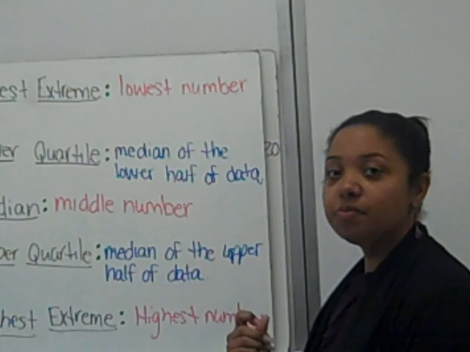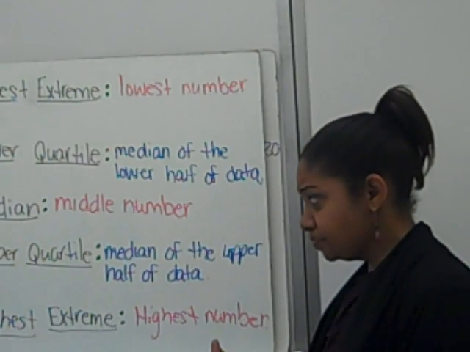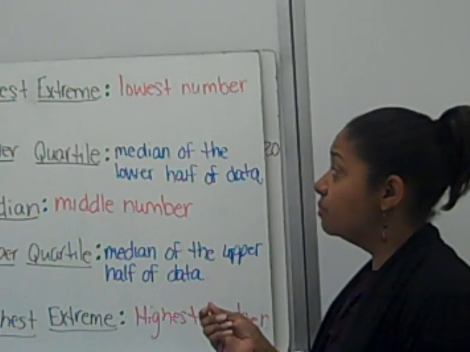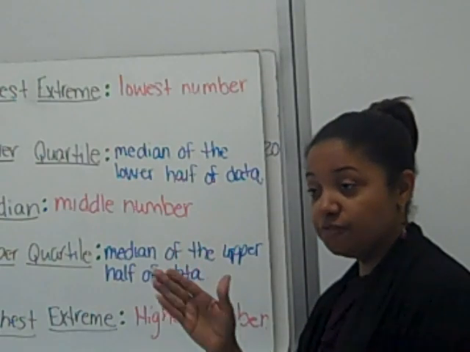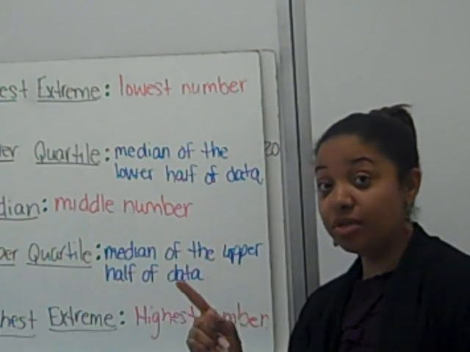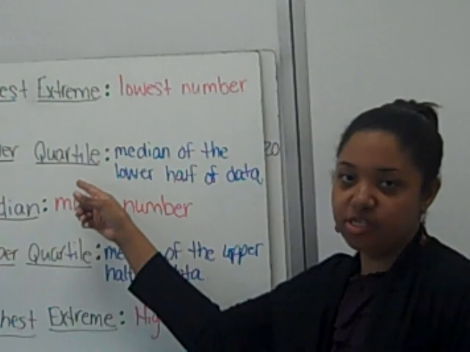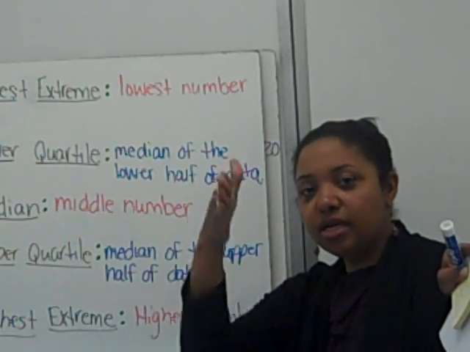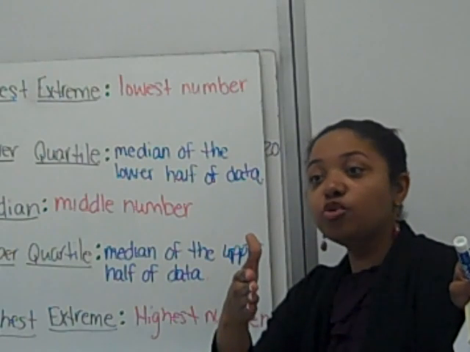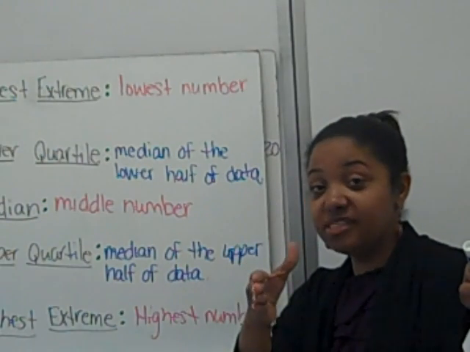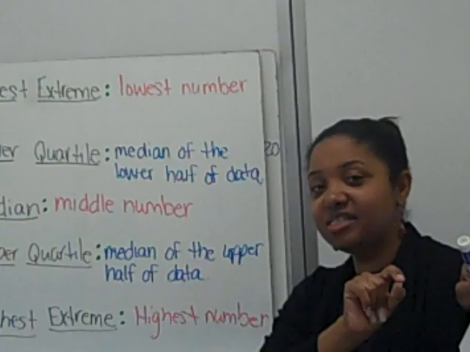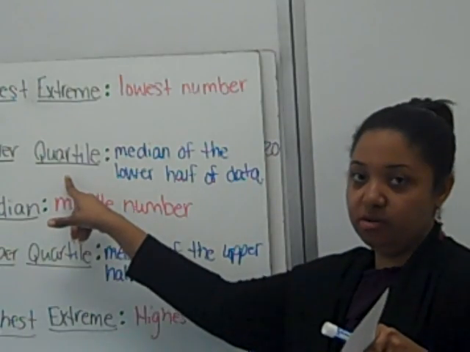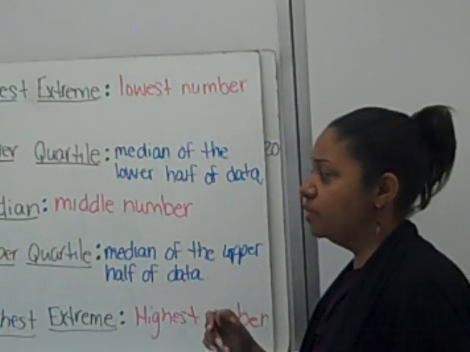So if you remember from the picture, if you get the first half of data and you get the middle number, that's what your lower quartile is. So you have all of your chunk of data, you cut it in half, okay, and your lowest set, you find the middle number of that lowest set, and that's your lower quartile, okay, and we're going to practice one in a minute.